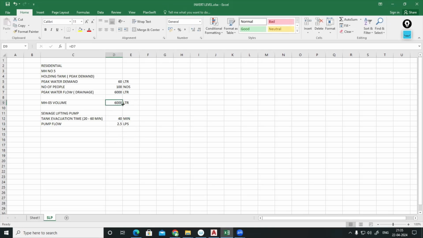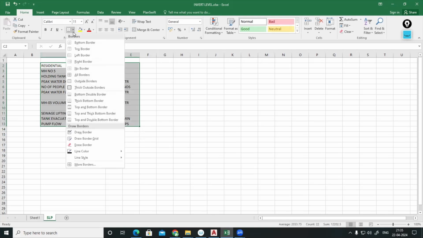This 6,000 liters is the peak water flow and will fill within 60 minutes, so the pump has to evacuate less than that. It will be 6,000 liters divided by the tank evacuation time of 40 minutes multiplied by 60. Pump flow rate will be 2.5 liters per second. Okay, easy. Suppose it is an office building.